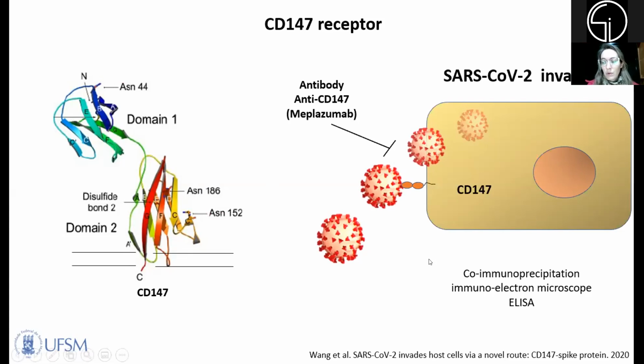Wang and co-workers demonstrated that SARS-CoV-2 also binds CD147. They used co-immunoprecipitation, immunoelectron microscopy, and ELISA, and a humanized anti-CD147 antibody to demonstrate the new route of viral invasion.